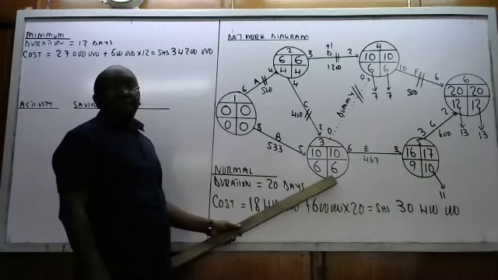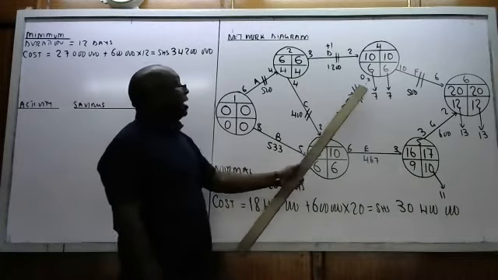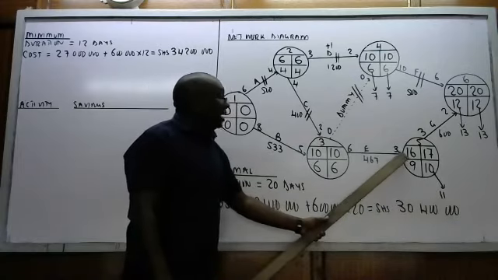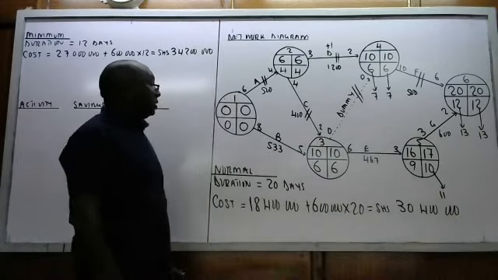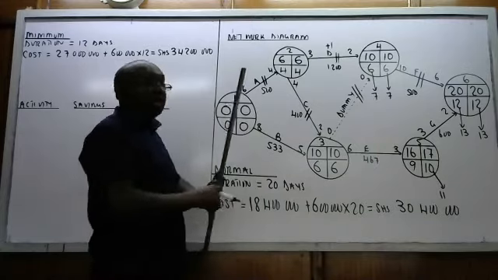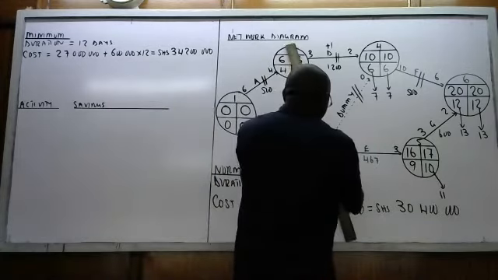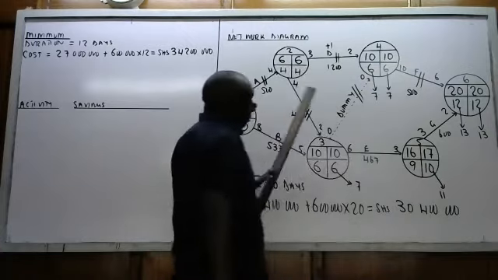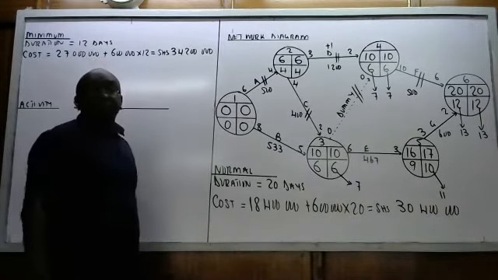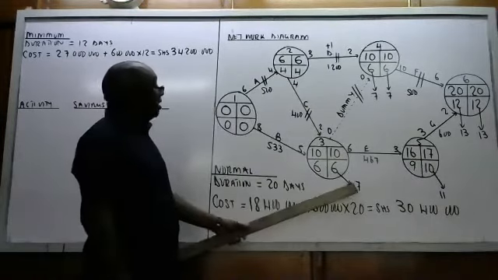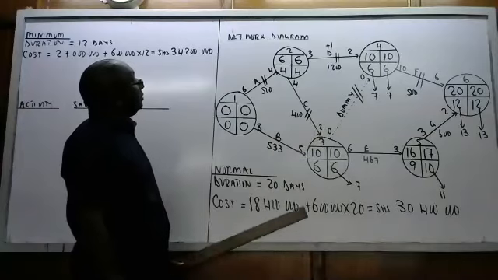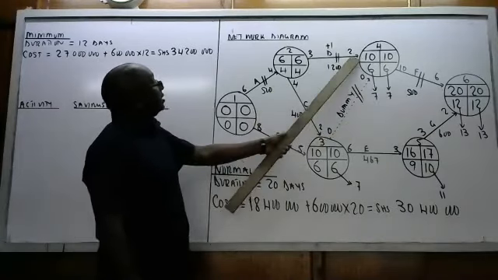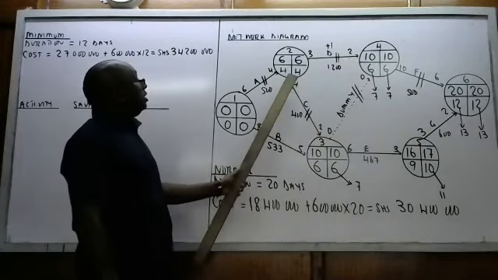When we come here, it will be 7 minus 0, 7. 11 minus 3, that is 8. So we record the smaller. So this one now, instead of being 6, it will be 7. Then 7 minus 2, that is 5. And this one will be 7 minus 2 minus 1, 4. So these ones remain.